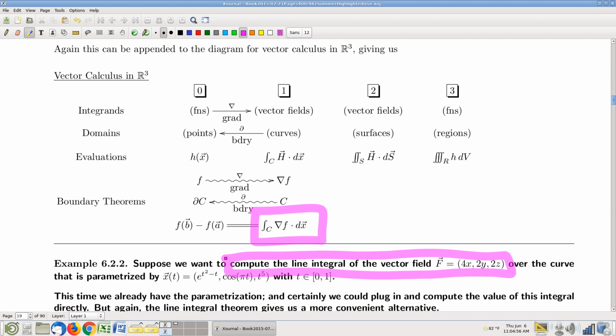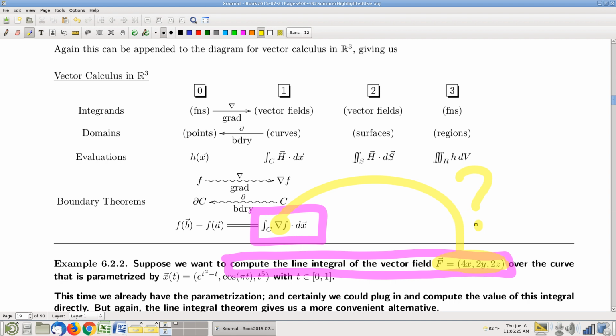The theorem allows us only to compute line integrals of gradients. I have got to decide now, is this vector field, it's not obvious, is that vector field a gradient? Notice, this theorem does not say anything about line integrals of vector fields that aren't gradients. Right? It's specifically line integrals of gradients only.